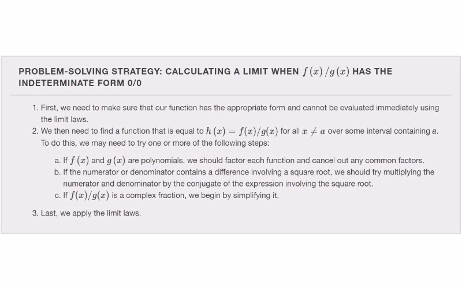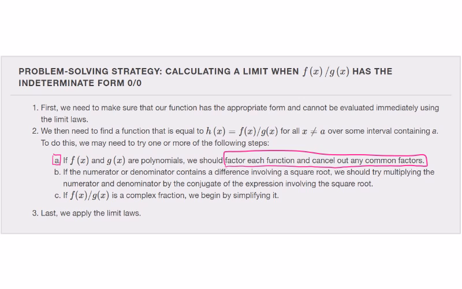Okay. And then we try to find a way to get this function, f of x over g of x, to equal h of x, where we can evaluate, right? And so one way we can do that is we can factor each function and cancel out any common factors. That's what we just did, right? So that's A.